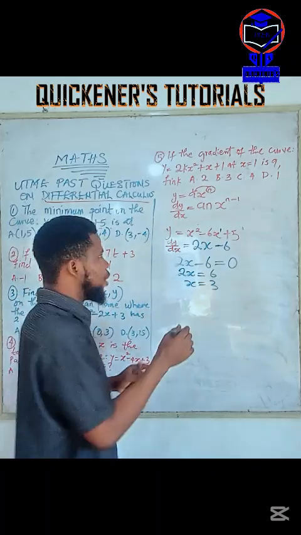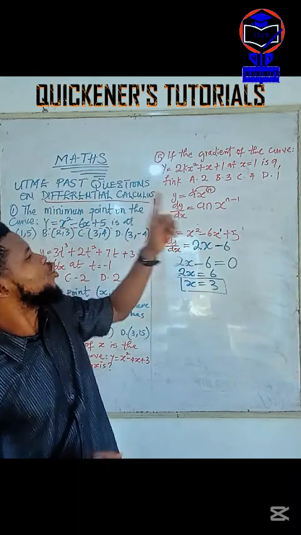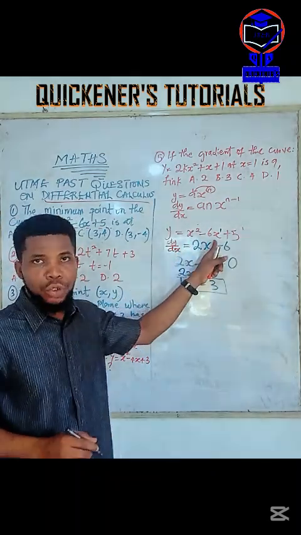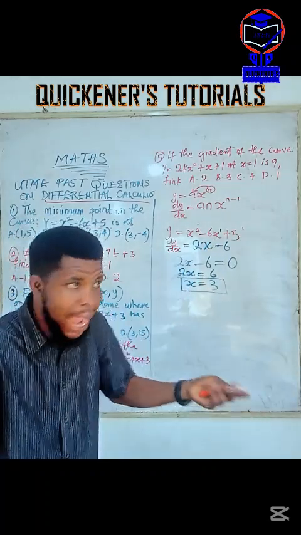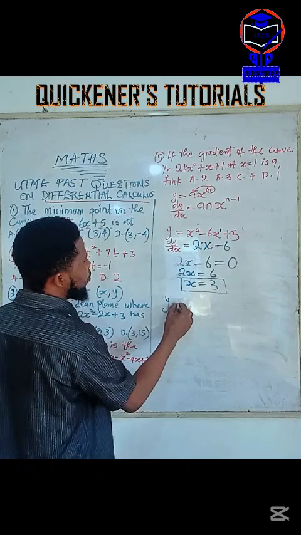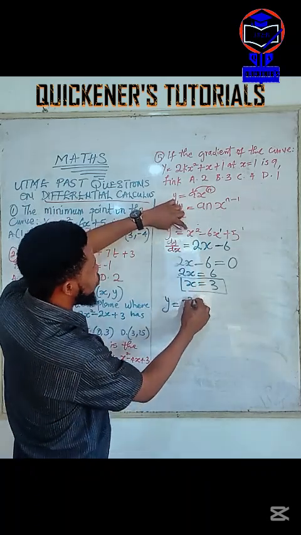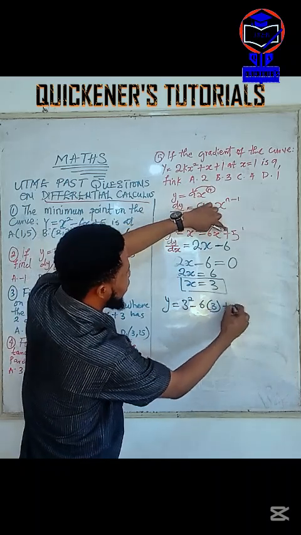To get the y coordinate, just carry the value of s and put it into the original equation, because that's where y is. So when s is 3, what is the value of y? Carry 3 and put in this original equation. You have 3 raised to 2 minus 6 times 3 plus 5.